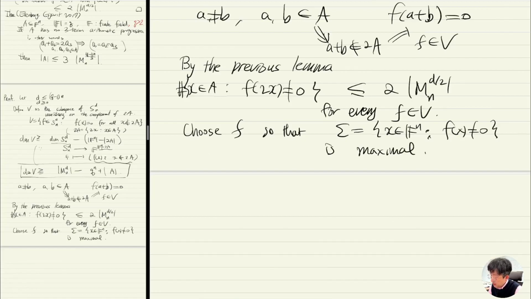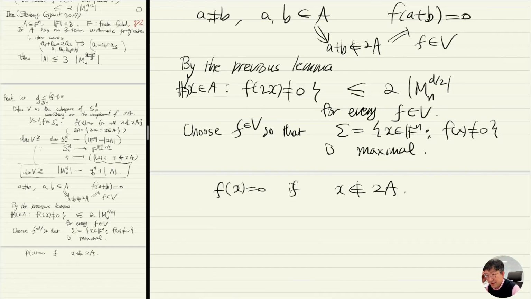I know that f of x is 0 if x is not in twice A, because of the construction. Choose f in V, so outside of 2A, it's 0.